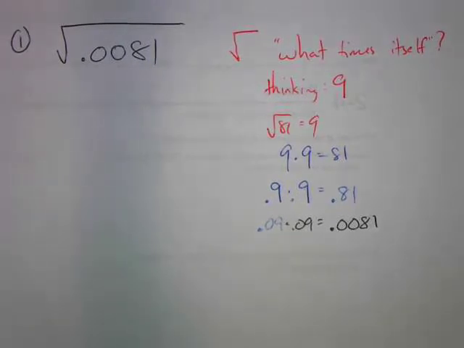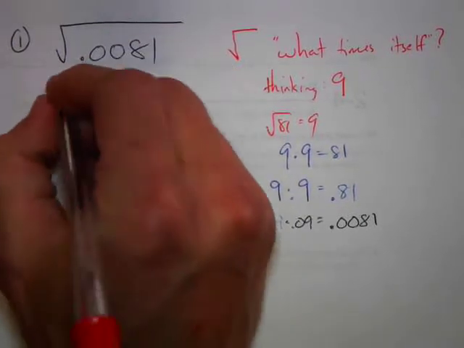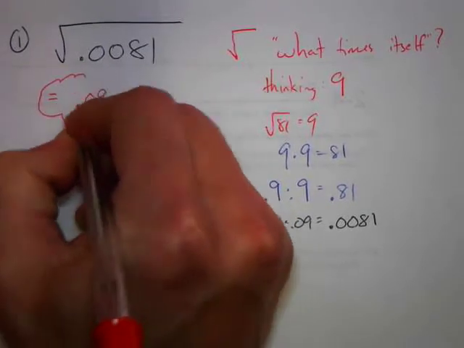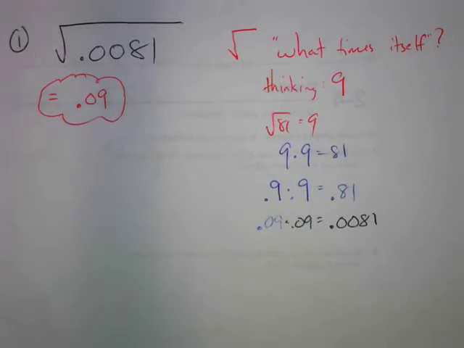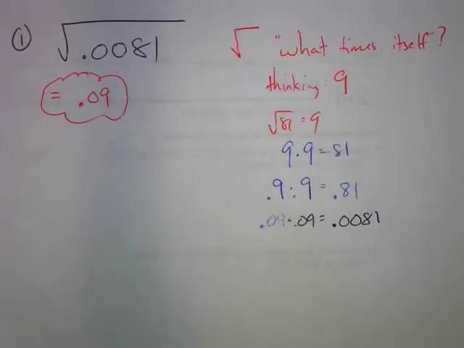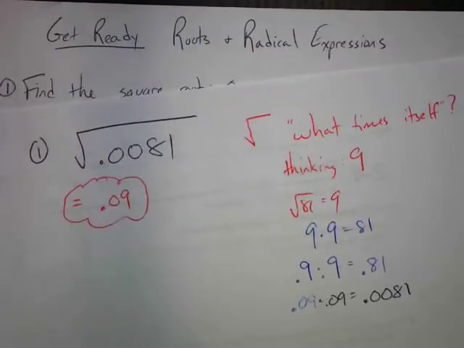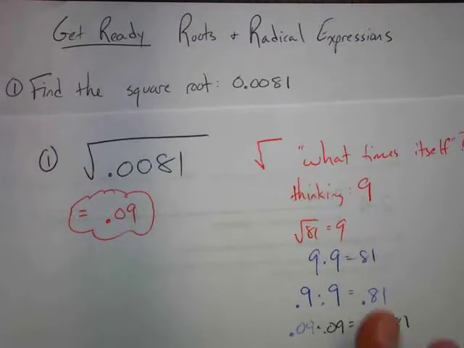The very foundation of mathematics and arithmetic is knowing your places. So clearly, the square root of 0.0081 is equal to 0.09. That's what square root is all about, asking you what times itself. That's how we would approach number 1.